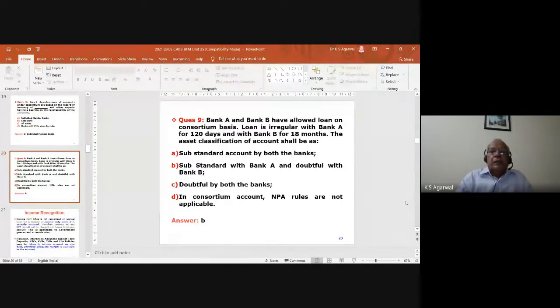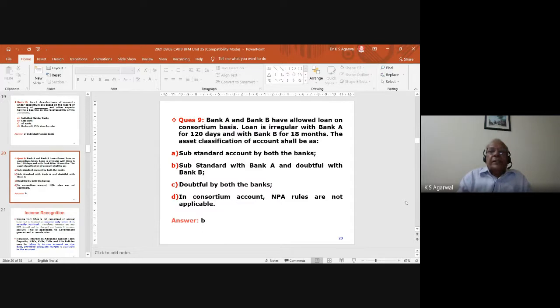Another question is that bank A and B have allowed loan on consortium basis. Loan is irregular with bank A for 120 days and with bank B for 18 months. So the asset classification of account shall be what? Because it is irregular for 120 days, meaning more than 90 days, beyond 90 days it has been irregular for 30 days only.